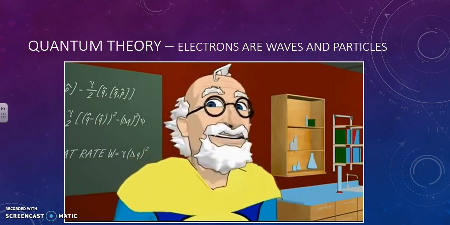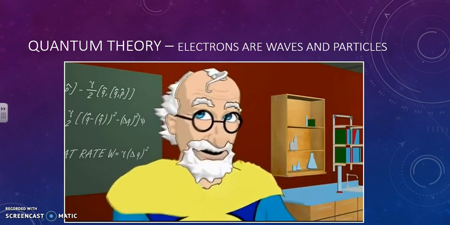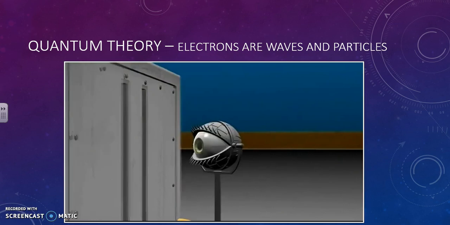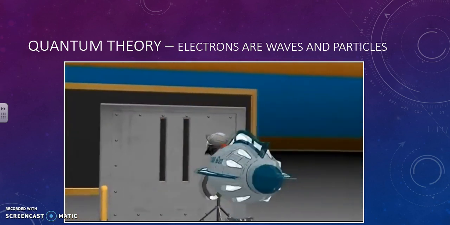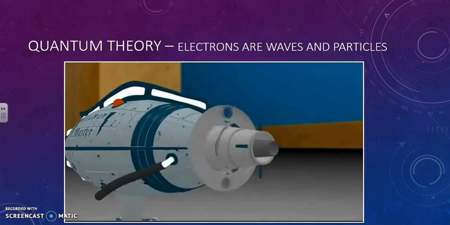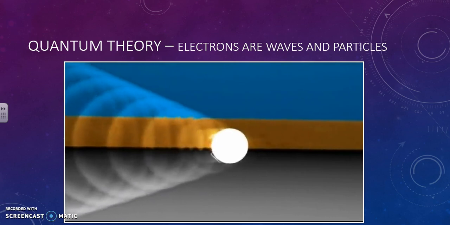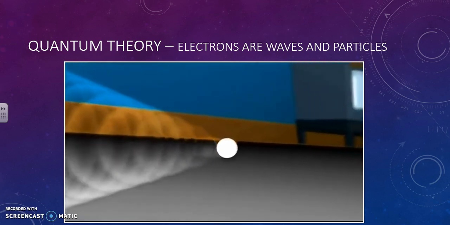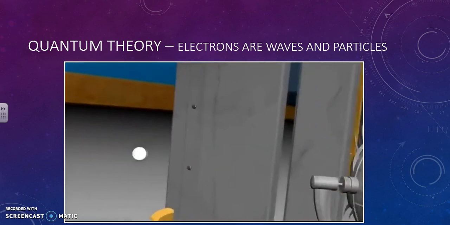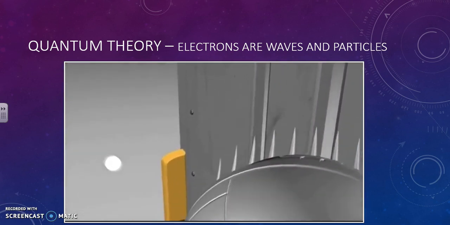So, they decided to peek and see which slit it actually goes through. They put a measuring device by one slit to see which one it went through and let it fly. But the quantum world is far more mysterious than they could have imagined. When they observed, the electron went back to behaving like a little marble.